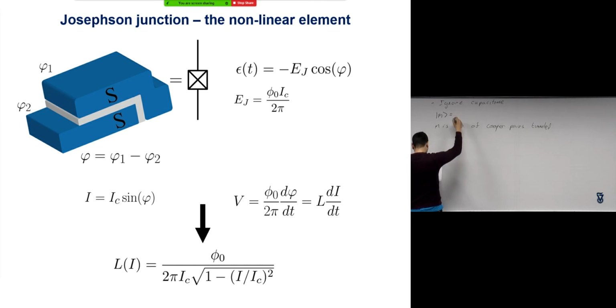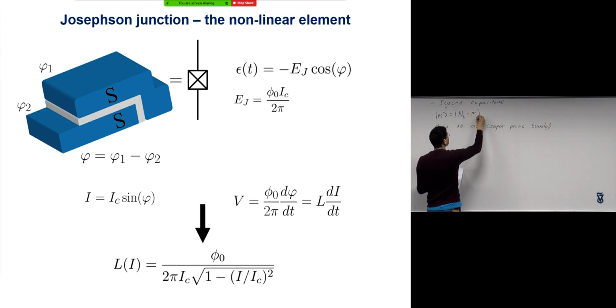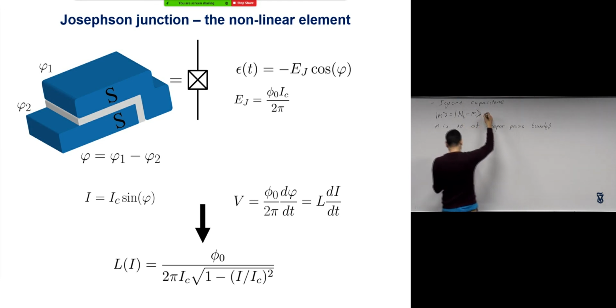So you can define M as NL, the initial number of Cooper pairs on the left side, minus M. Let's say they tunneled from the left to the right. They can also tunnel from right to left, but then it's negative.